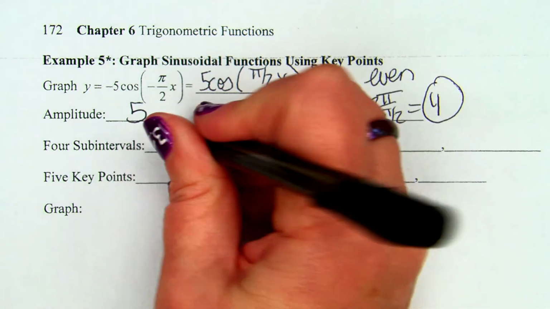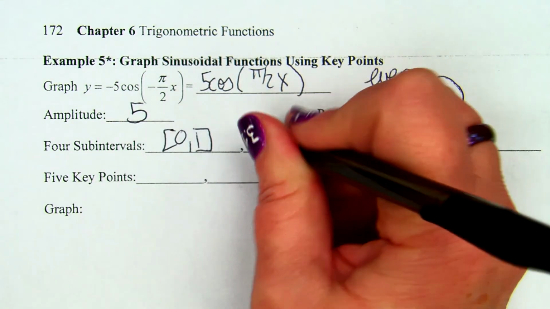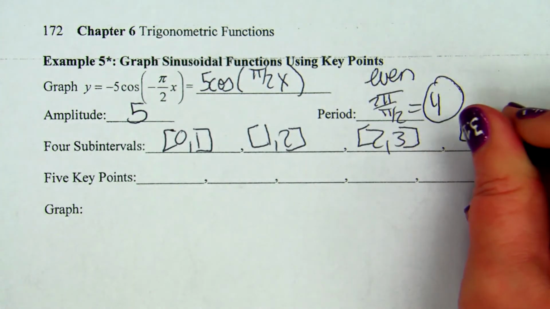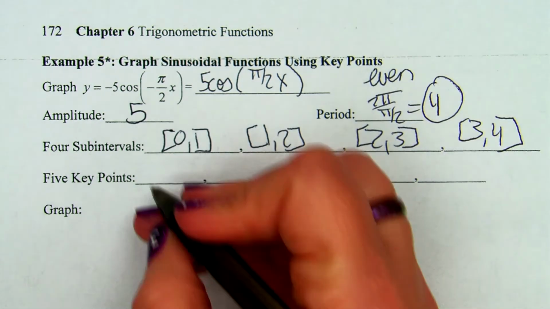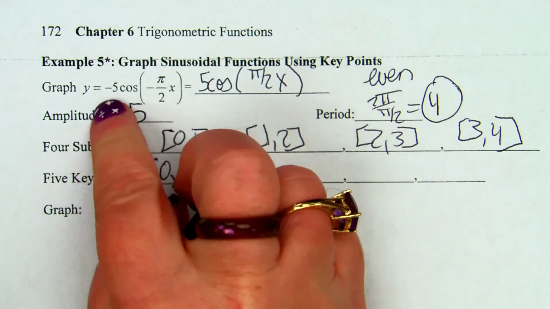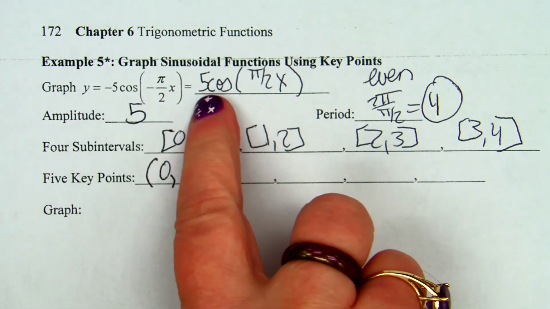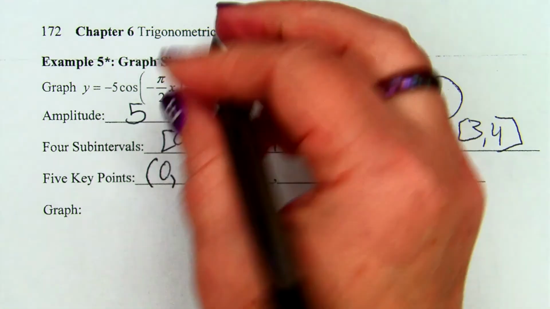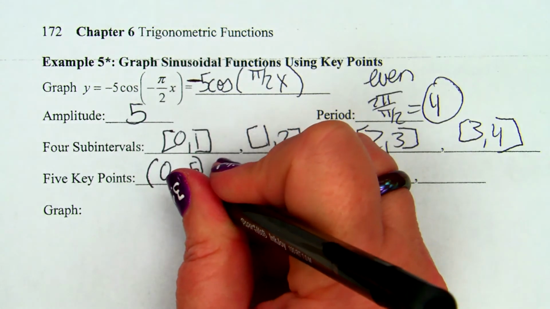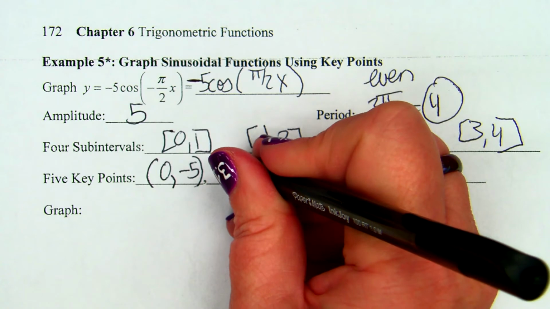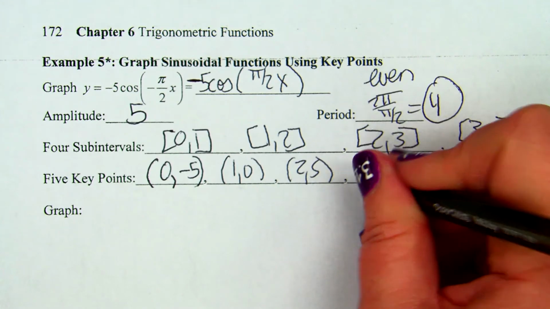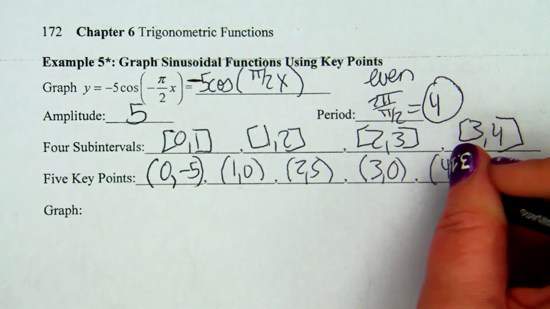Divide by 4. That's from 0 to 1, 1 to 2, 2 to 3, and 3 to 4. The key points, remember we're going up to 5, and cosine starts at 5, but it's negative because it's upside down. So 0, negative 5 is where it starts, and then it goes to 1, 0, and then 2, 5, and then 3, 0, and then 4, negative 5.